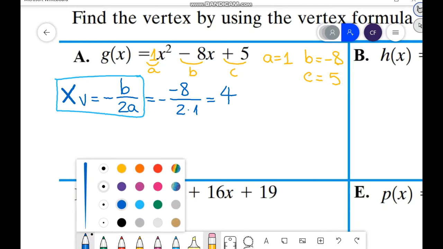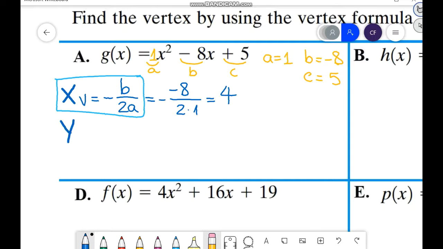Now the second part of the formula: you have to find y of the vertex. For y of the vertex, you plug the number you just found, 4, into the function: g of 4 equals 4 squared minus 8 times 4 plus 5.